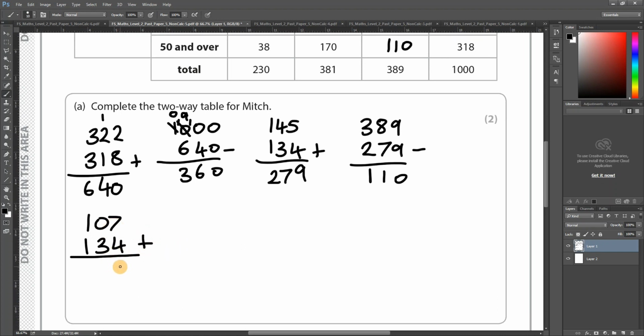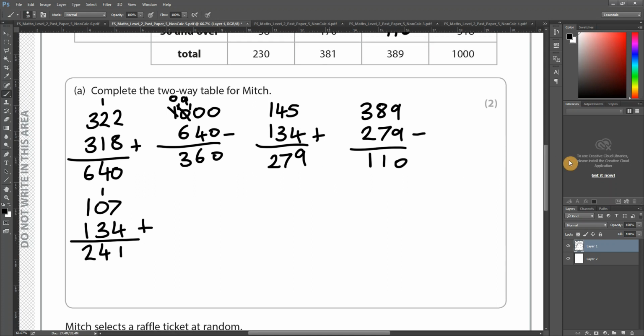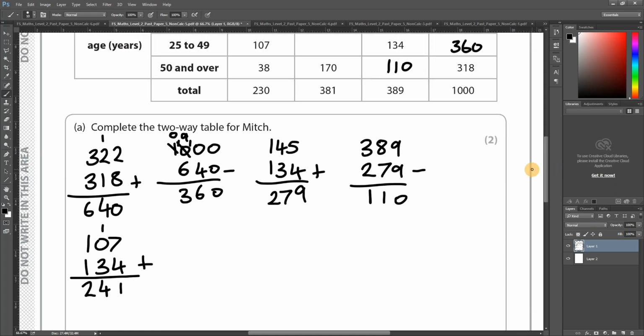That gives me 11, carry the 1, that's a 4, and that's a 2. And then take that away from, what was it? 360. Gonna have to borrow. That's a 9, that's a 1, that's a 1. So that's 119.